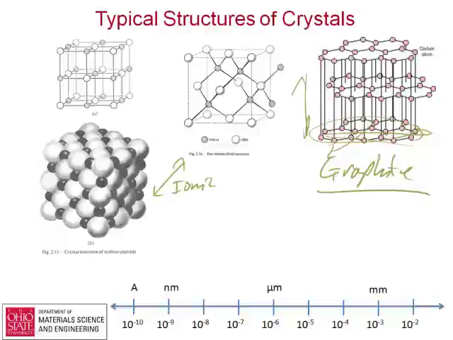But within these planes, you get very, very high strength and toughness. And in all of these cases, the interatomic spacings are in the range of a few angstroms to a few nanometers. That's always what we're talking about.